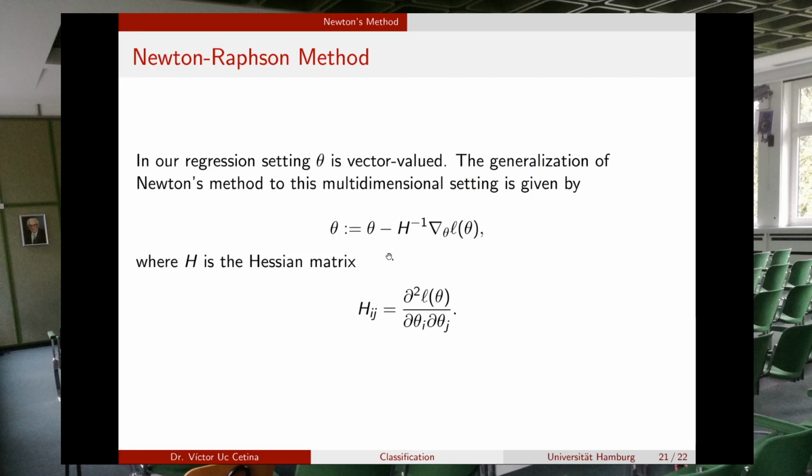This H is called the Hessian matrix, and is simply the matrix of partial derivatives with respect to theta i and theta j. So this is the way you would implement the Newton-Raphson method for linear regression, if you don't want to apply stochastic gradient descent.